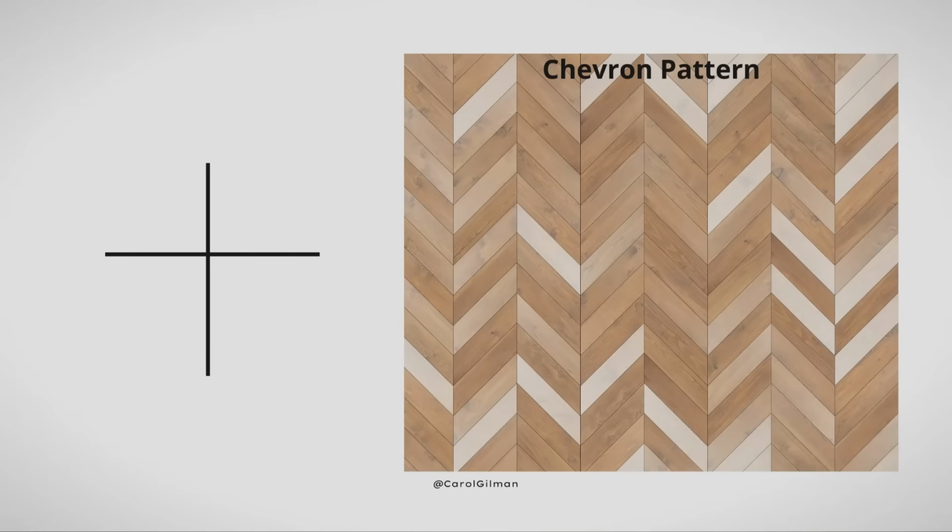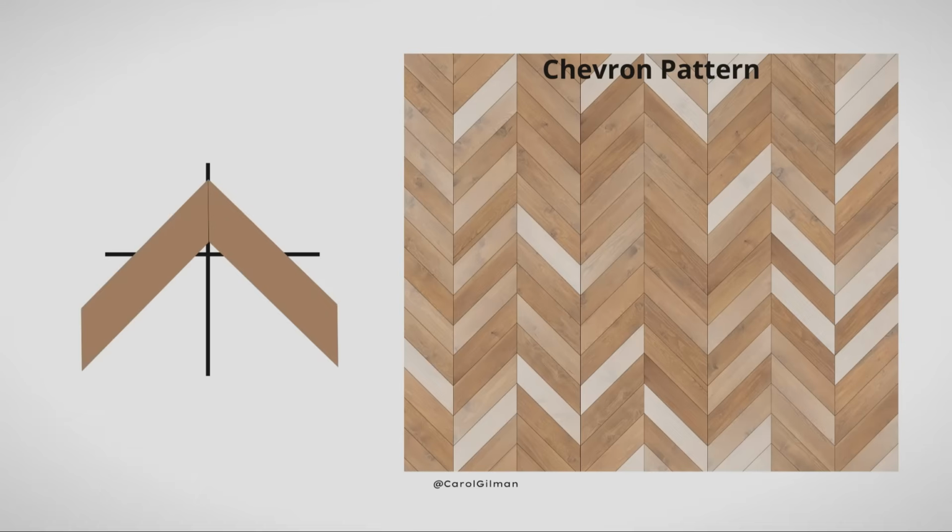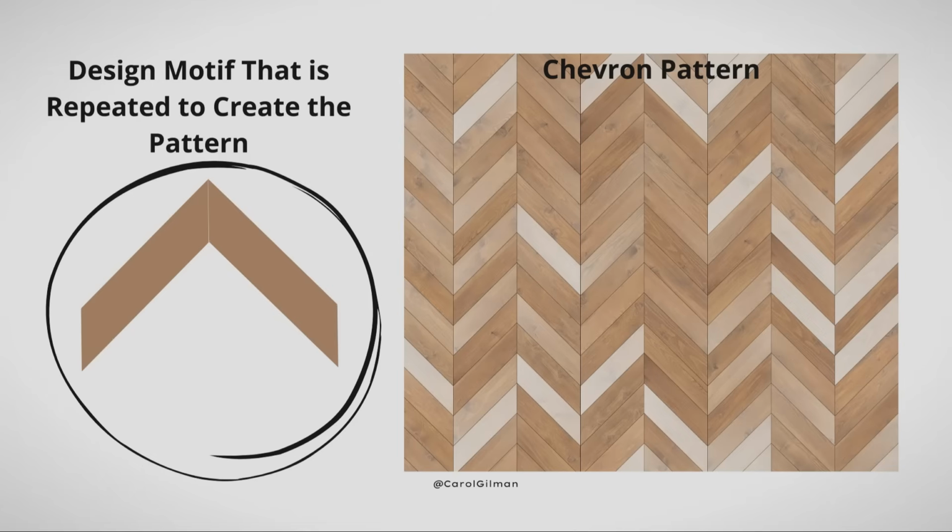And to create this pattern, you would just start placing one rectangular piece, then place the other rectangular piece, which is a mirror image of that rectangular piece on the other side, to where those ends meet up to create a point.